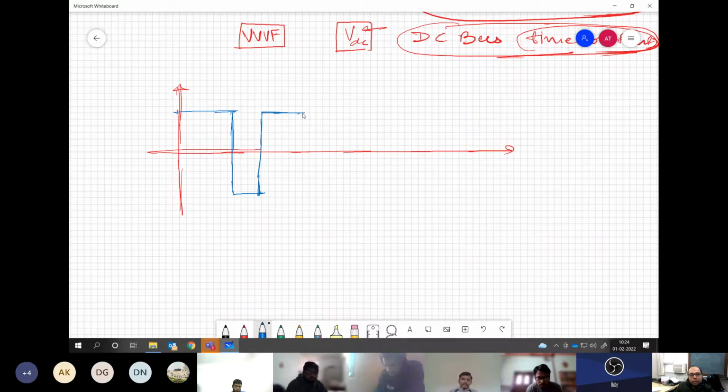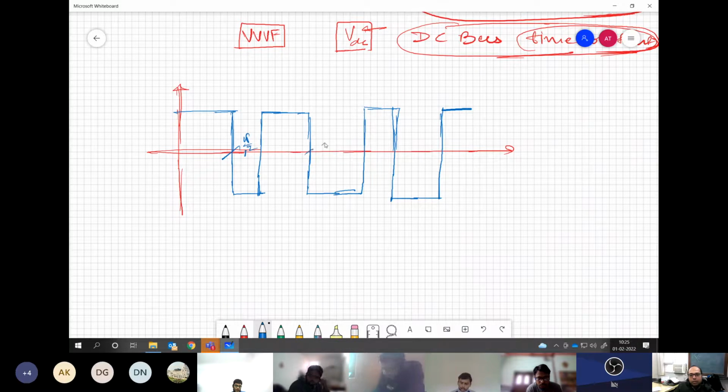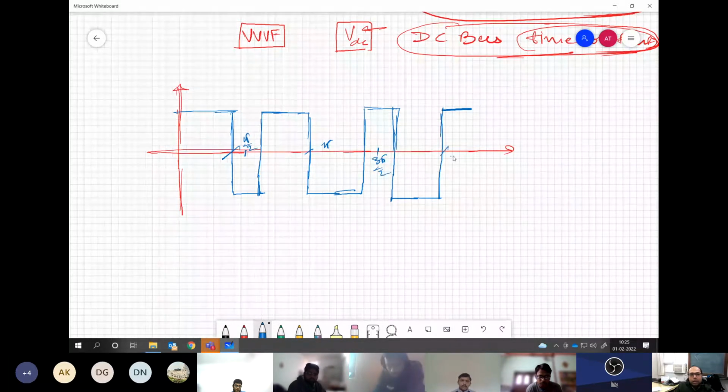And the same is repeated near the 270-degree angle. Now, say this is pi by 2, this is pi, this is 3 pi by 2, this is 2 pi.